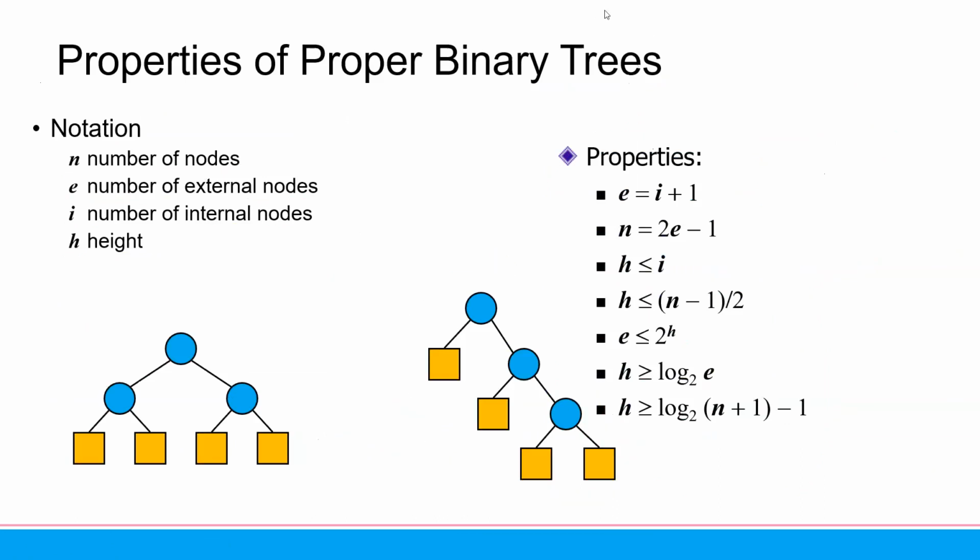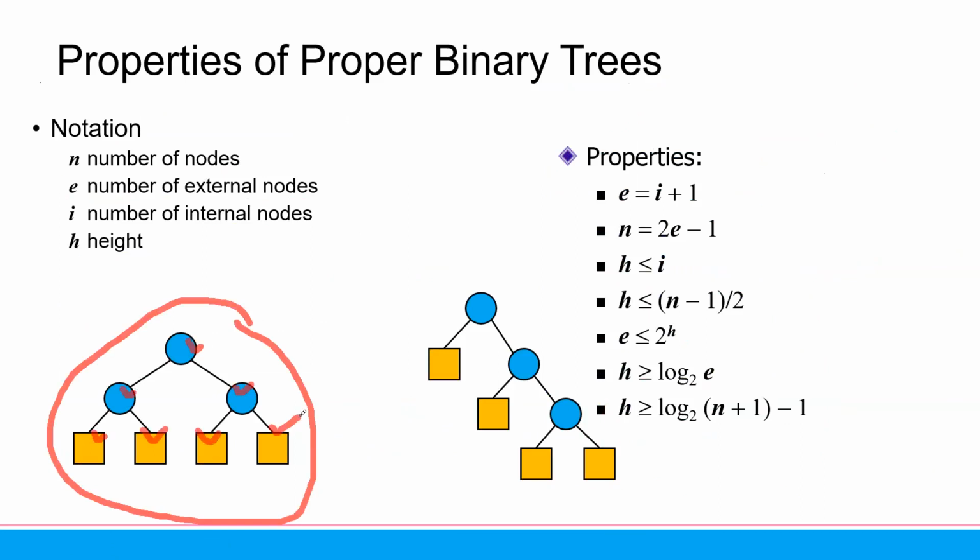Okay, now let's see. In this case, how many nodes do we have? 1, 2, 3, 4, 5, 6, 7. Okay. How many E? E is the external node.